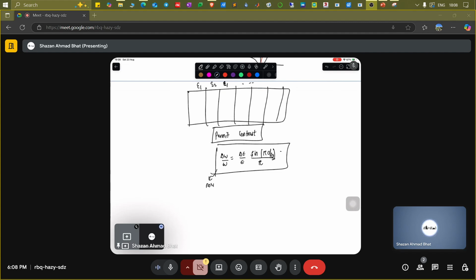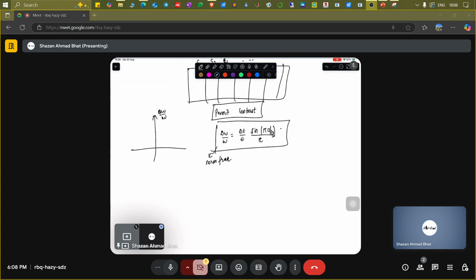This is basically the normalized frequency, which is on the y-axis of the dispersion plot. So it's going to tell you what the accepted values of the frequencies are depending upon the contrast, the variation in the refractive index, where delta epsilon is basically epsilon 2 minus epsilon 1 or epsilon 1 minus epsilon 2. Okay, similarly, you can write the values. And delta omega by omega basically represents the band gap divided by the mid gap value. It's a ratio of these two quantities. Okay.